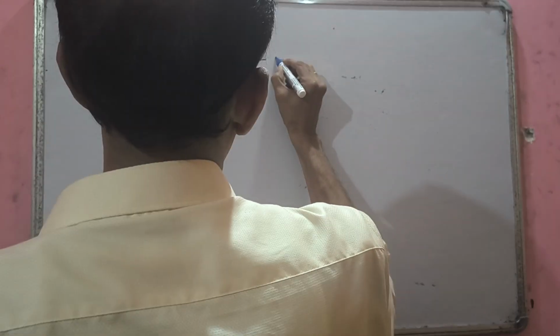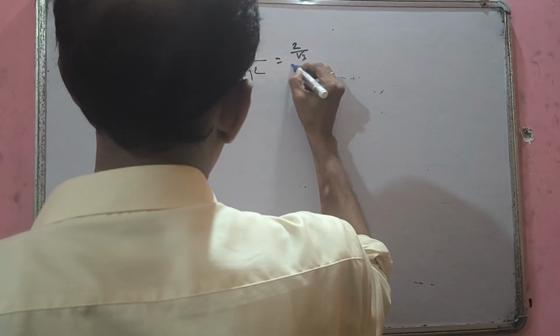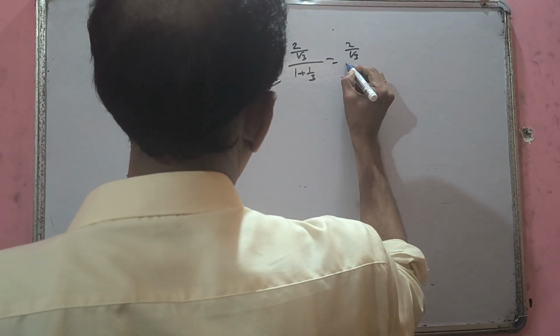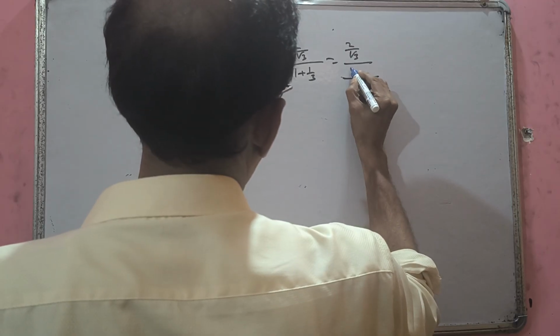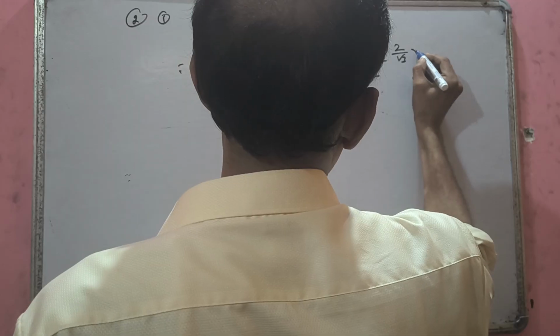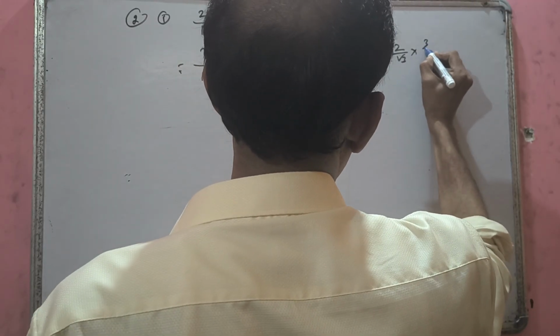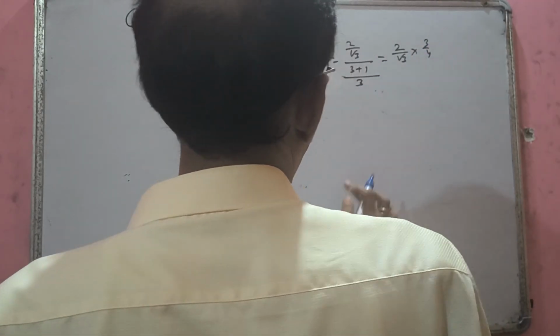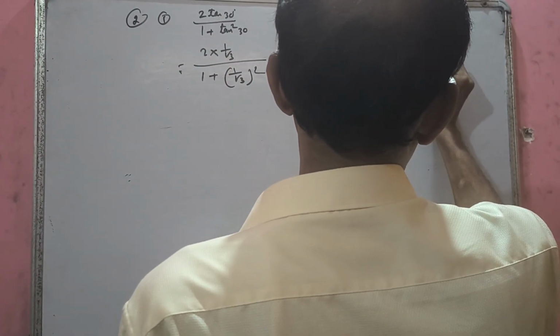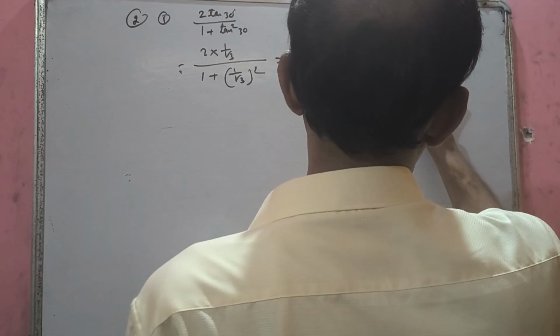Okay, so this is 2 by root 3 by 1 plus 1 by 3. This is 2 by root 3; what is the LCM? 3 plus 1. Then this is 2 by root 3 into what? How much will you get? 3 by 4. Reciprocal: divide converts to multiply. So how much will you get? Root 3 into root 3 and 2.